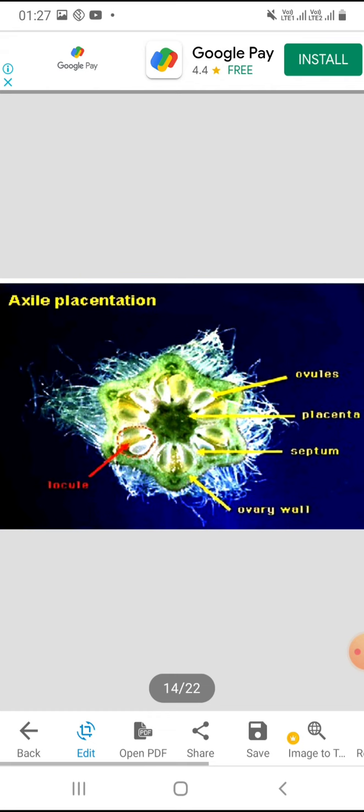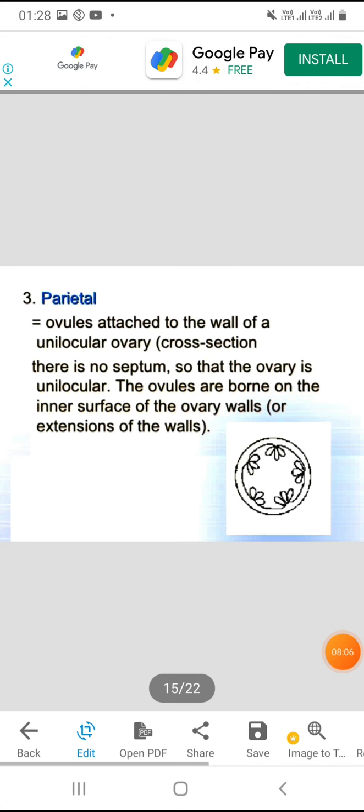Second one is axial placentation. Here ovules are placed on the central axis of a multilocular ovary, for example, China rose, cotton. Here you can see the many-locular ovary. Another type of placentation is parietal. In that case, ovules are placed on the inner wall of a unilocular ovary of a multicarpellary syncarpous gynoecium, for example, papaya, cucumber.